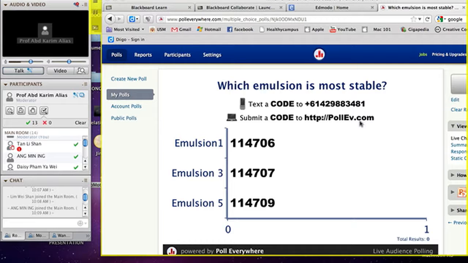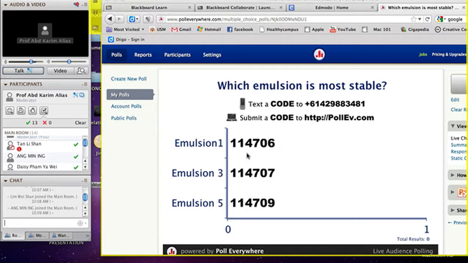So when you open this web page, you submit the code, which is the answer for the question just now. Submit the code. Which emulsion is the most stable? Do you get this instruction? We will go back to the diagram just now.